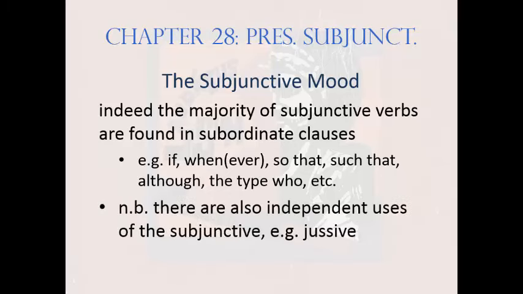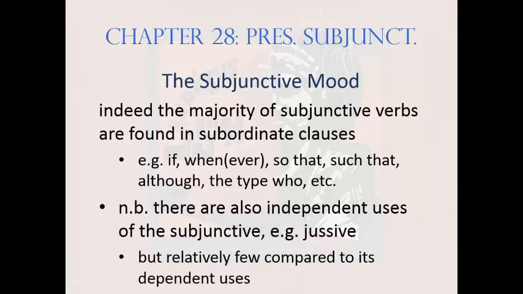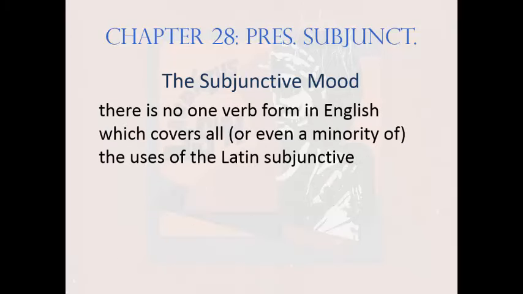On top of that, the subjunctive is sometimes found in main sentences, and when it is, there it does often retain its original sense of uncertainty. So the subjunctive does in fact have an independent use too, the jussive, as you're about to discover. But these independent uses make up far and away the minority of the subjunctive verbs found in Latin. The upshot is that there's no single English form which you can use to translate the Latin subjunctive, nothing even close.